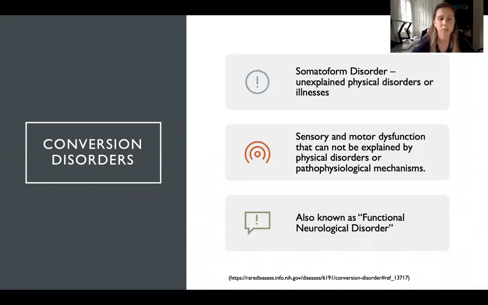So conversion disorders fall under the somatoform category, presenting as sensory or motor dysfunctions that cannot be explained by physical disorders or pathophysiological mechanisms. Also, conversion disorders have been called functional neurological disorders in some of the research I was reading.